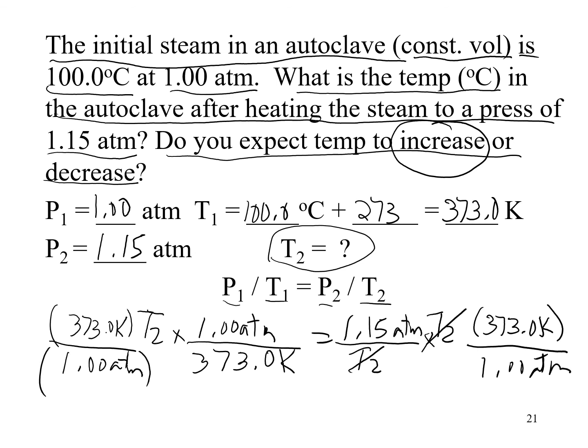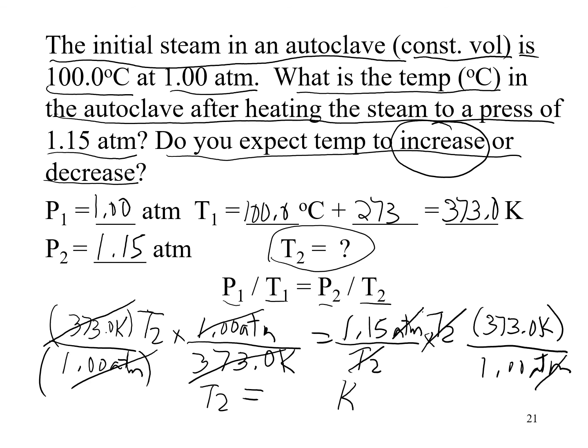And you can always check your units to make sure everything cancels. So on the left, we can cancel 373 K with 373 K, and then the 1 atmospheres cancel. So now we have T2 isolated, and on the right, we can cancel atm with atm, and we'll have a value for temperature in Kelvin.